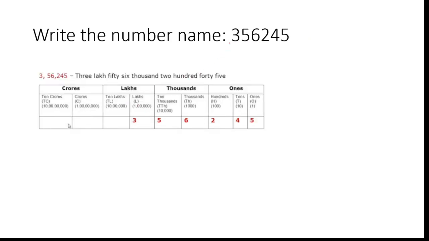Now look here, children, here is our number and we have to write this number in words. We will start from 5 and arrange these numbers in the Indian place value chart. You can see I have written 5 in ones place, 4 in tens place, 2 in hundreds place, 6 in thousands place, 5 in 10,000 and 3 in lakhs place.